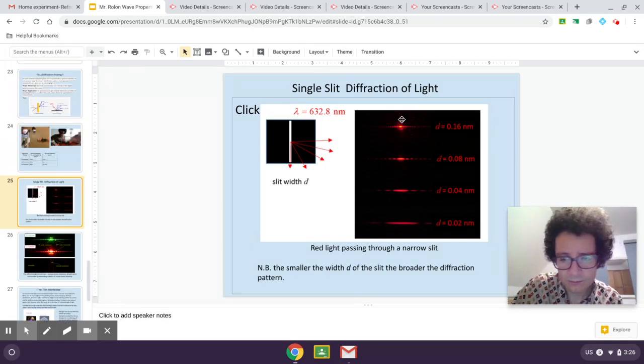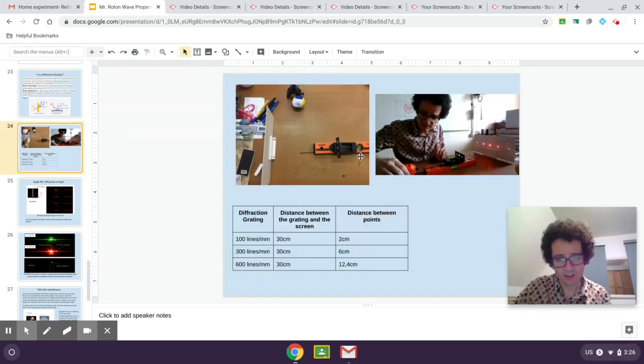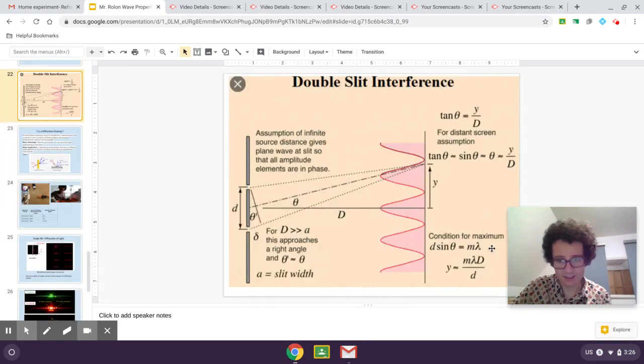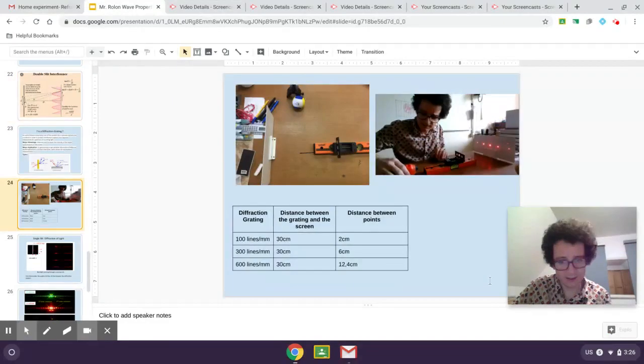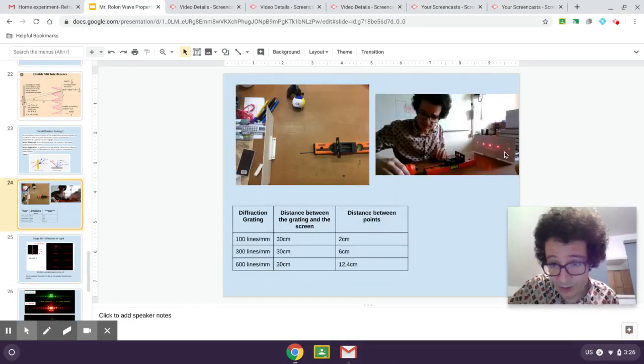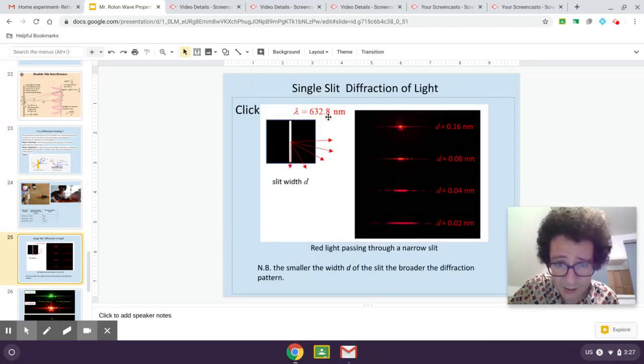So look, red light has this lambda, this wavelength. When you calculate the wavelength with this equation and these numbers here, we were using red color, so the wavelength should be around this number.